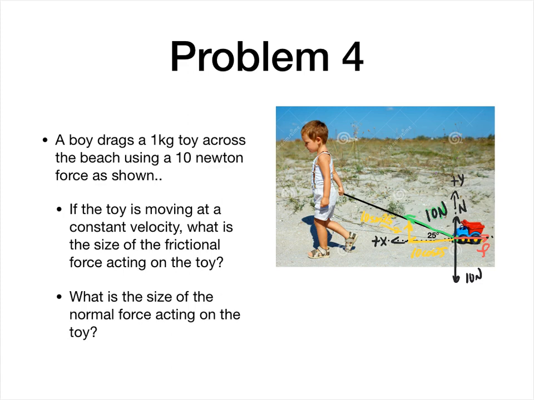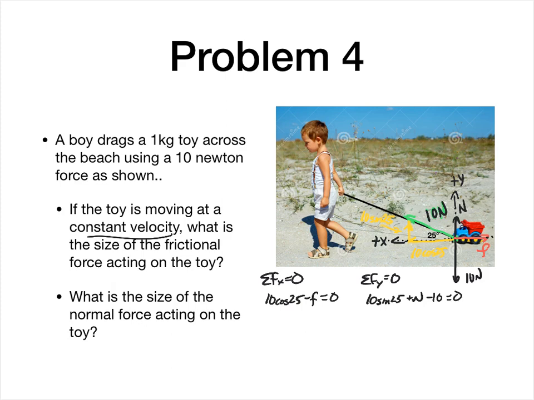And let's see. Net force x direction equals 0. Why? Constant velocity. So what do I got? I've got 10 cosine 25 minus friction equals 0. Net force in the y direction, I got 3 of them. That's right. 10 sine 25 plus normal minus 10 equals 0.